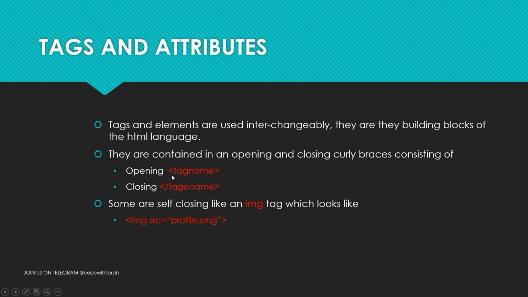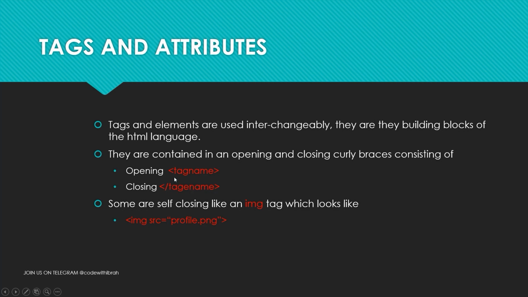We have the open angle bracket, and then the name of the tag comes inside. And then the closing tag looks just like the opening, but before the name of the tag you add a backslash.